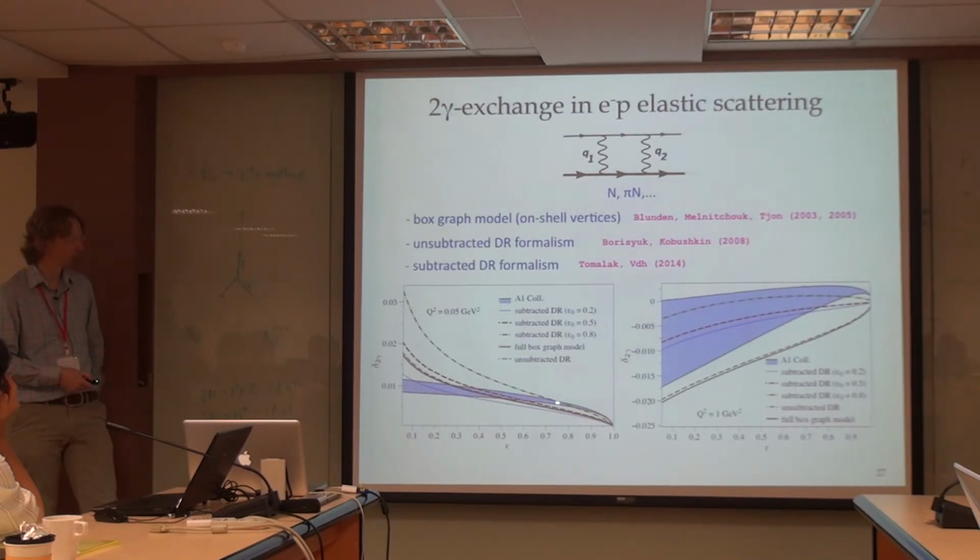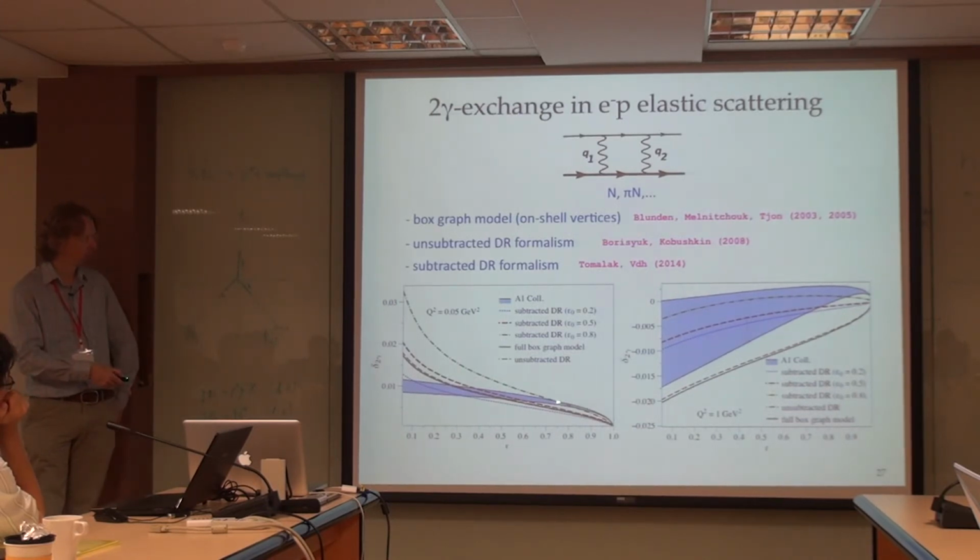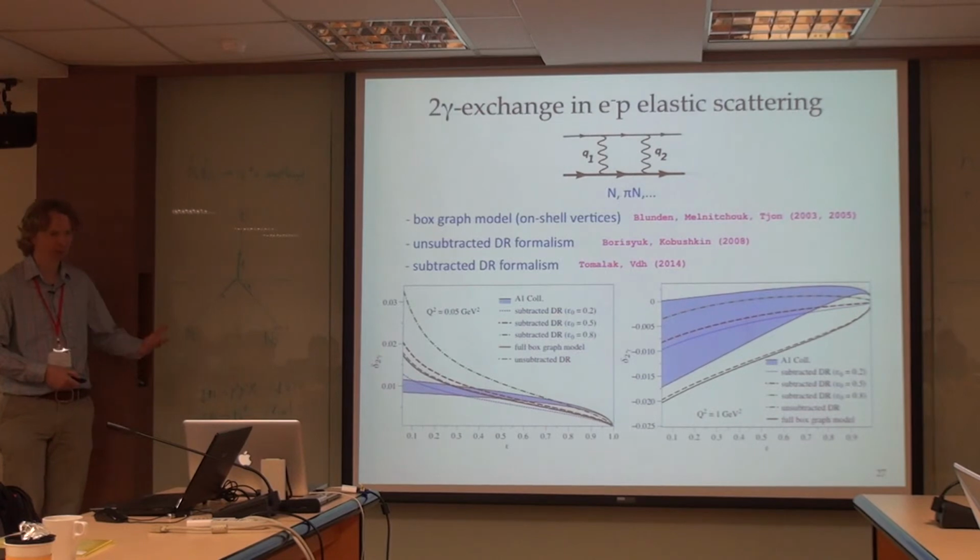So by definition, if you do, for instance, here the green curve is subtracted at the point 0.8, so by definition you go to the blue band at 0.8, this goes at 0.5, and this goes here at 0.3. So you can do subtractions at different points and then do this comparison with data.